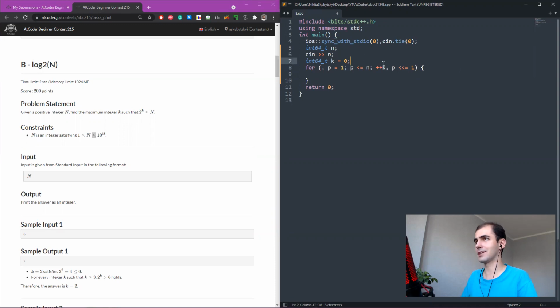Let's actually add this here, and this goes here. Now this needs to not be long, and this needs to be long. So we exited the loop, so power is strictly greater than n, which means that we output k minus 1, because k already does not work.